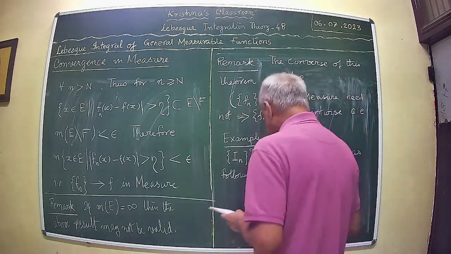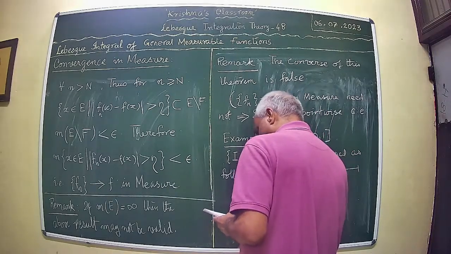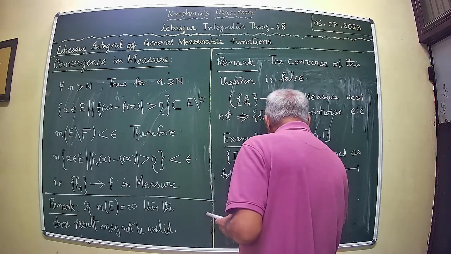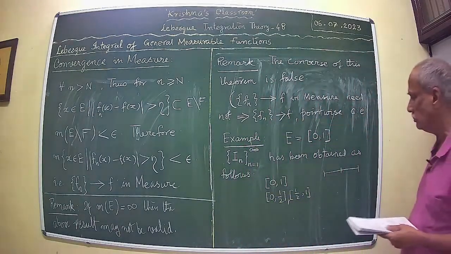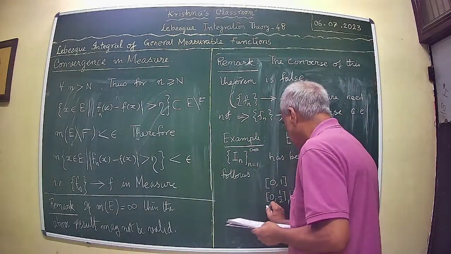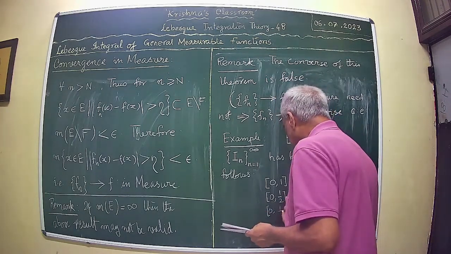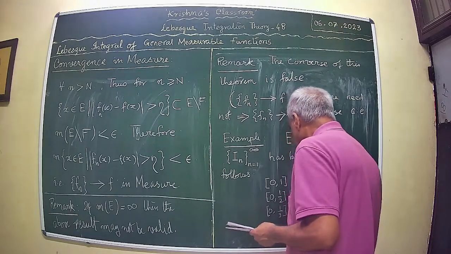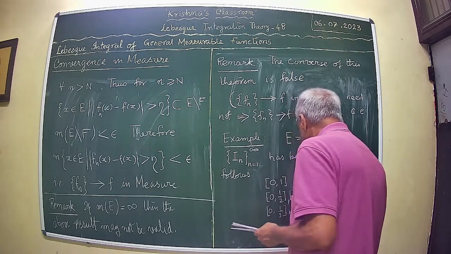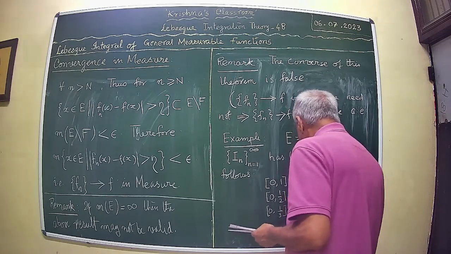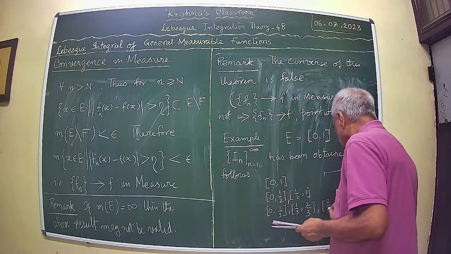So you write interval 0, half and then you have 0, 1/3, 1/3 to 2/3, 2/3 to 1.